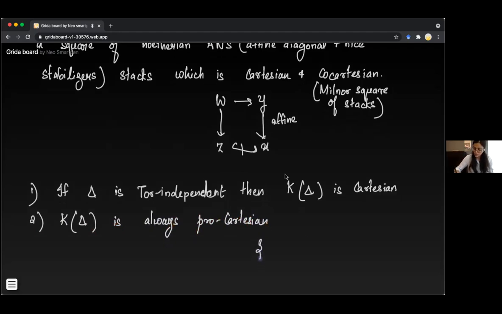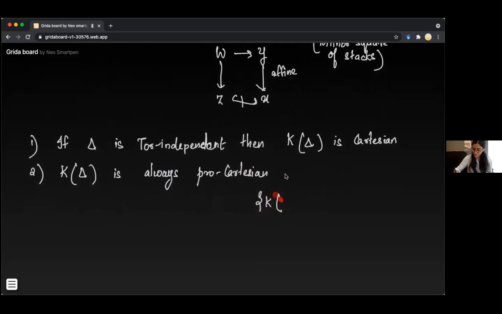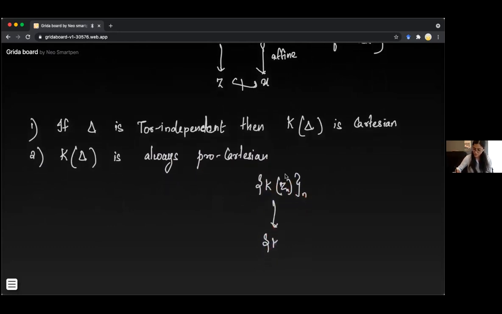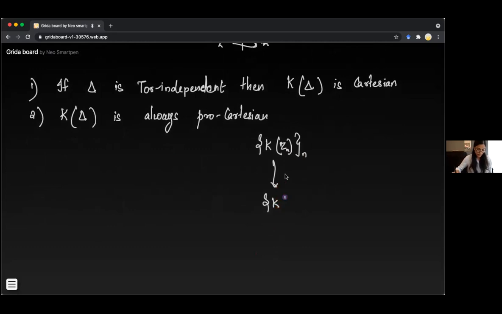So that means the square where you take K of Z to K of Y. These are the constant pro systems, and what you have here are closed substacks of X. So you can form this in stacks, which is the analog of a formal stack or formal scheme.